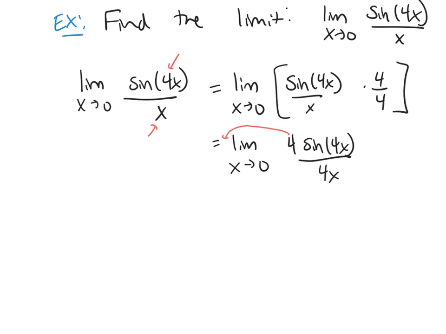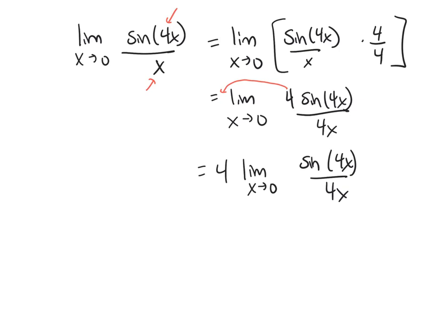So I'm getting 4 times the limit as x goes to 0 of sine of 4x over 4x. And now what we're going to do is relabel. I'm going to use a different variable. I'm going to replace 4x with a different letter. Let's call it y.